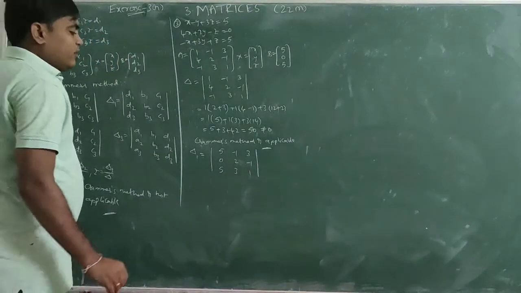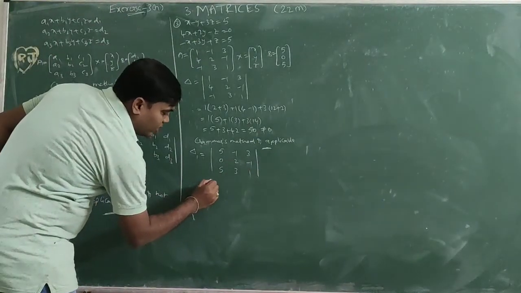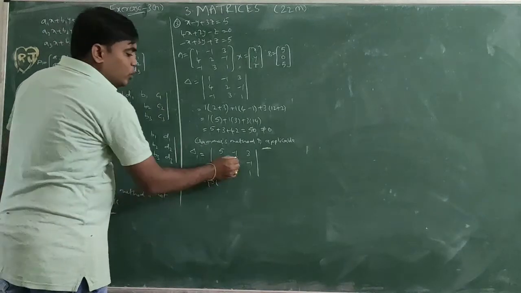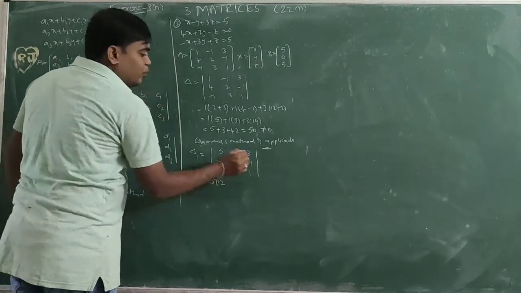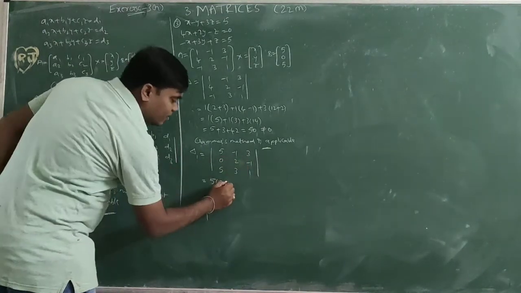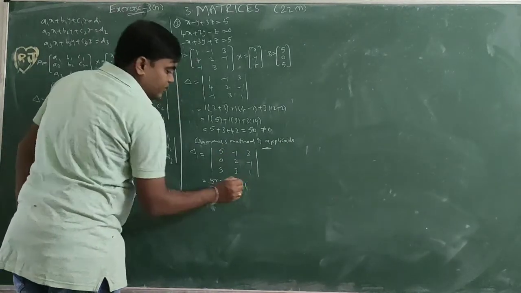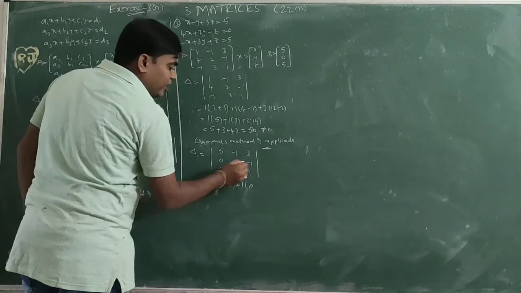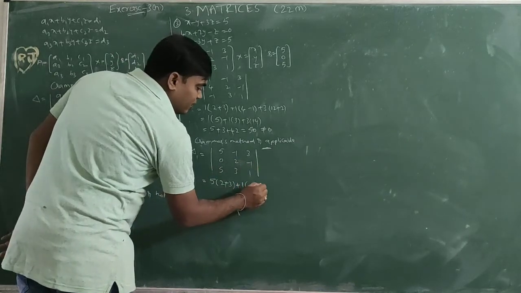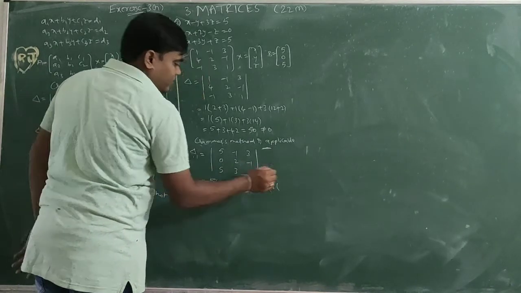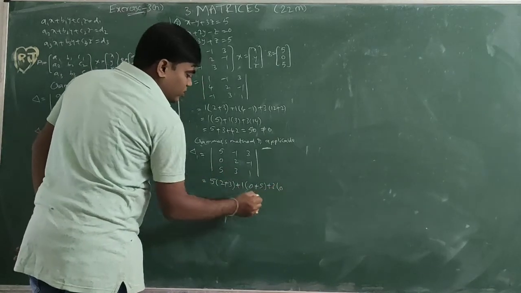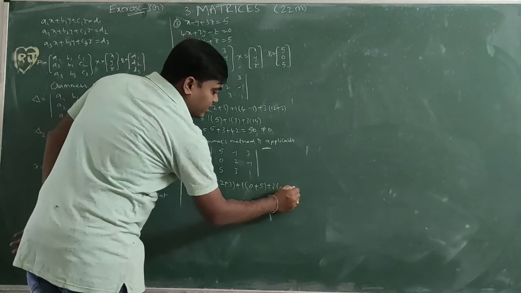Okay, now 5 of 2 into 1 is 2, 3 into minus 1 is minus 3, this side plus 3. Changing the sign, plus 1. 0 into 1 is 0. 5 into minus 1 is minus 5, this side plus 5, plus 3 of 0 into 3 is 0. 5 into 2 is 10, minus 10.